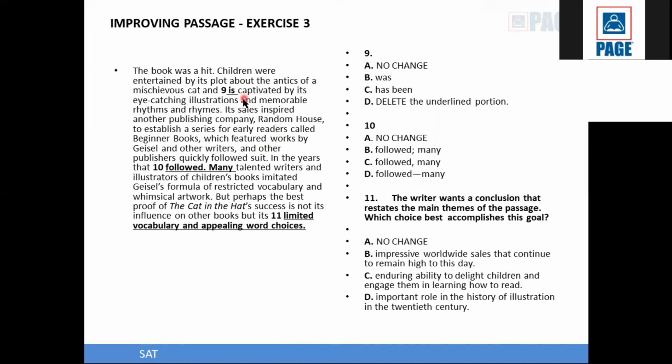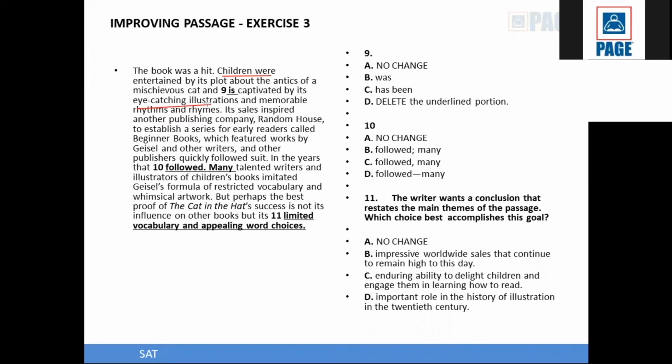Ninth, again, we need to find out, do we need to change? Here it is a verb, so it is a subject-verb agreement. You need to see, should I use "is" present tense, or "was," or "has been," or delete it? We need to look at the word before this. Children were, so it is past tense, entertained by its plot about the antics, and antics means the body language of the mischievous cat, and captivated by its eye-catching illustrations.